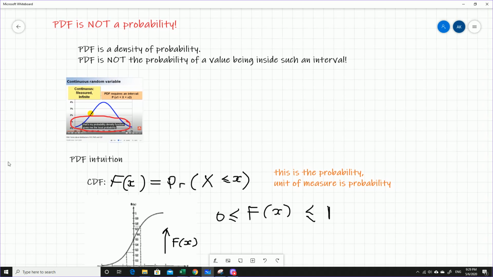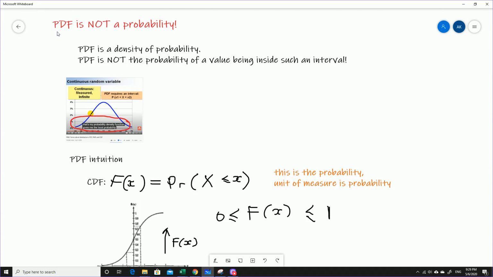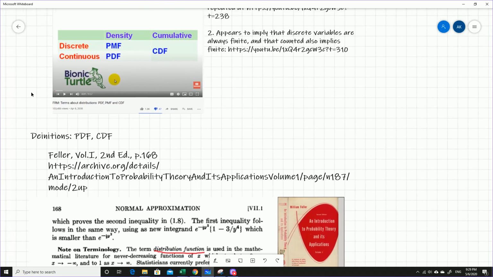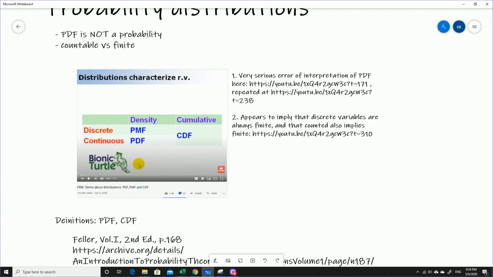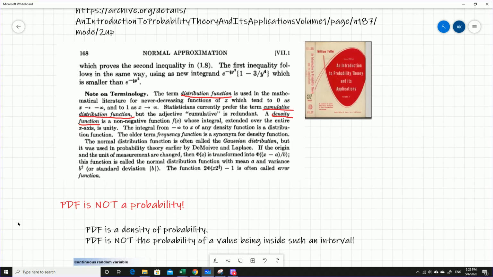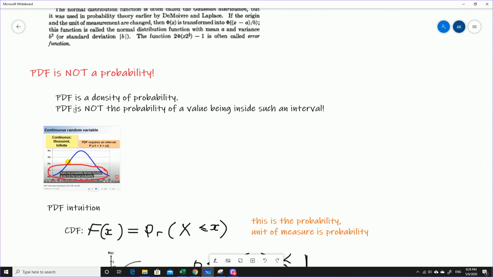So let's jump into the discussion of the first pitfall: PDF is not a probability. That's what I'm going to state here. If you watch the video at that first point, about 4 minutes in, at 2:38, the instructor is literally saying that PDF is a probability of a point being between 2 points.